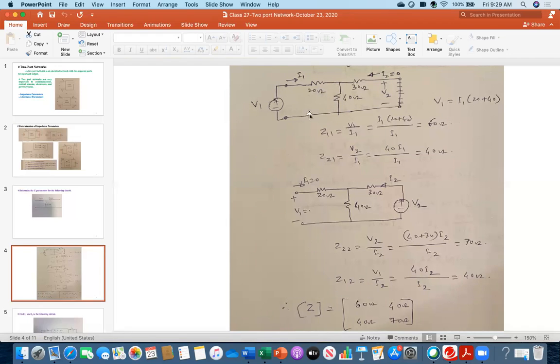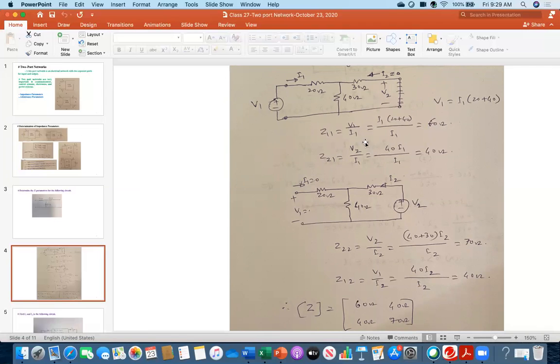So 60 multiplied by I1, that is your V1. I have written down here V1 is I1 multiplied by 20 plus 40. So I am plugging that here, and in the denominator I am just keeping I1. You see, I1 cancelled, your result is 60 ohm.